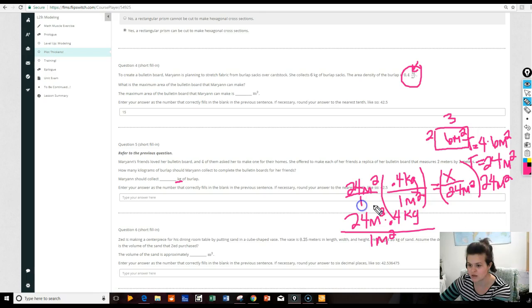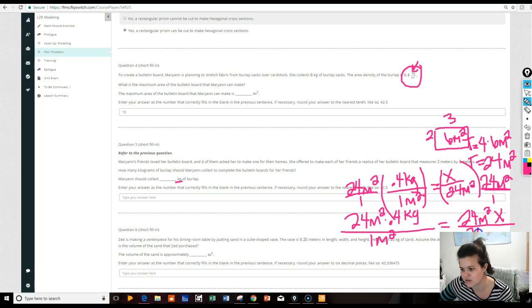It's a Ninja 1. Can't see it, but it's there. So I call it the Ninja 1. And then x times 24 meters squared, that's our numerator. Denominator for this is, again, a Ninja 1. So we have 24 meters squared x divided by 24 meters squared.